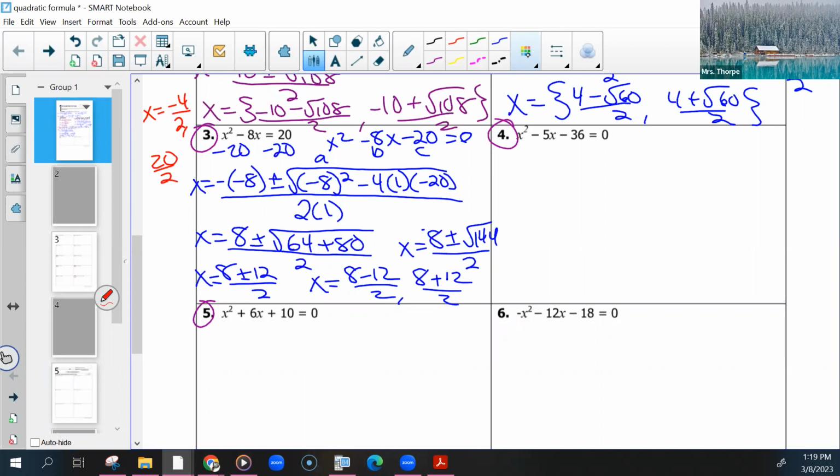What would those two answers be? -4 divided by 2 and 20 divided by 2. -2 and +10 would be your final.